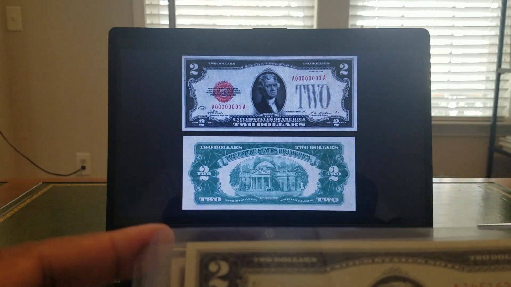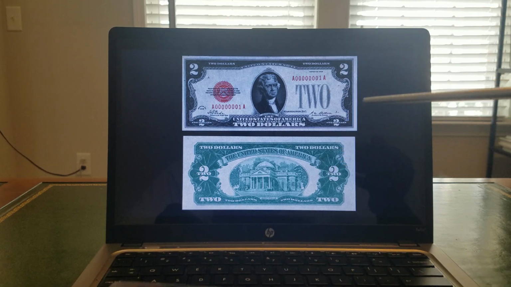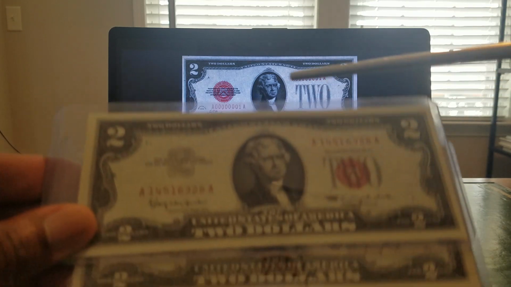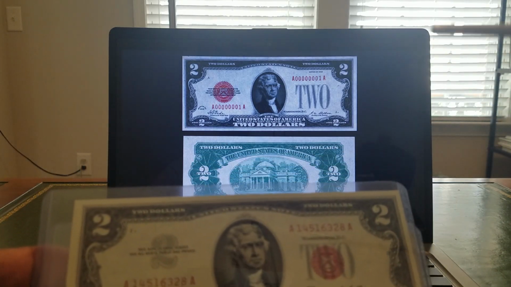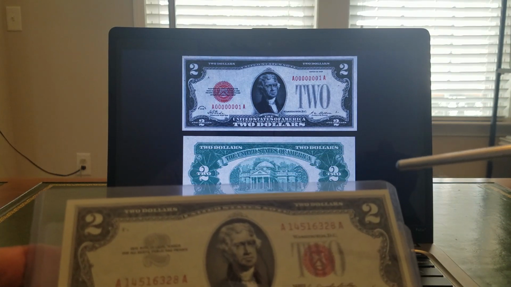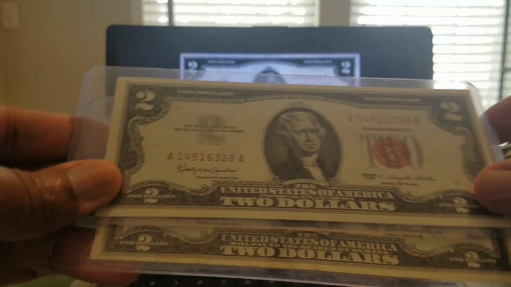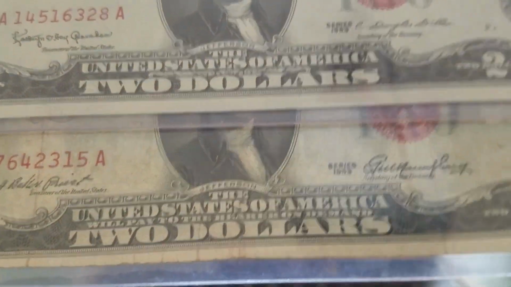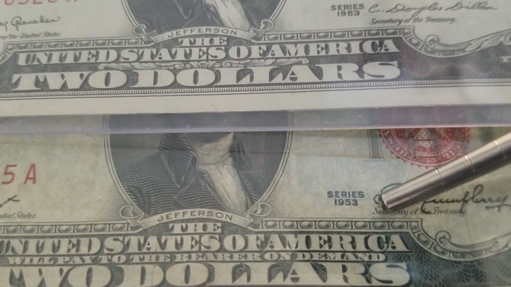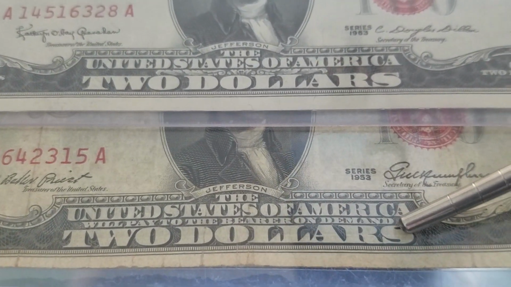Also, in addition to the change on the reverse of the note, there was a subtraction to the obverse side of the note. Silver certificates were soon to be no longer redeemable in silver, so "will pay to the bearer on demand" was removed from the obverse. Now as you look at the series year 1953, you got the "will pay to the bearer on demand."